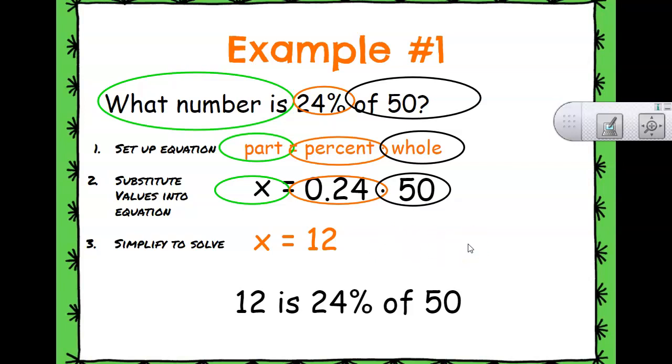So the idea, as I was saying, out in the real world, we are not going to set up a percent proportion. All I would have to do is pull out my calculator and punch in 0.24 times 50. That's fast. It's pretty simple and easy to do.